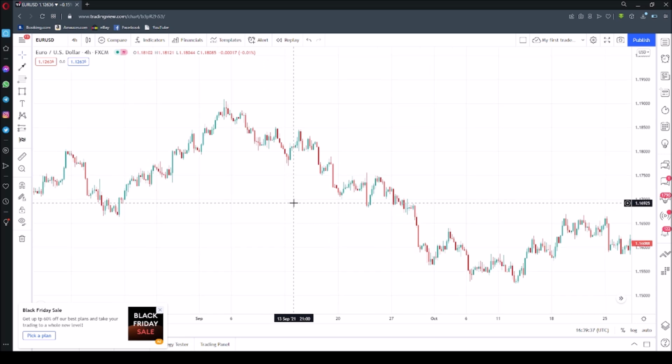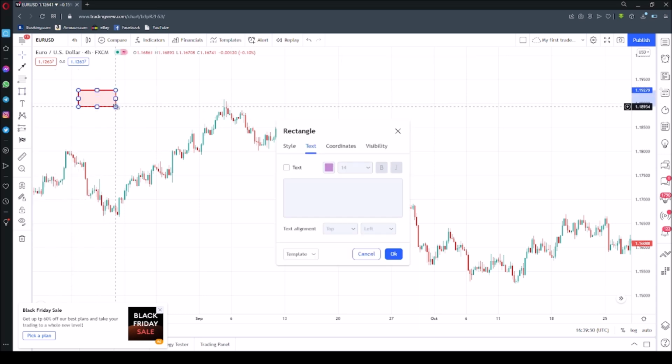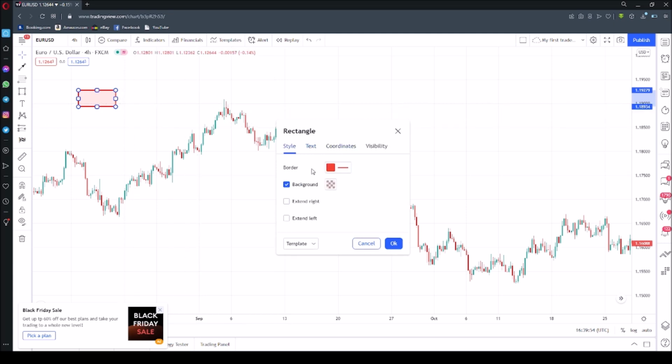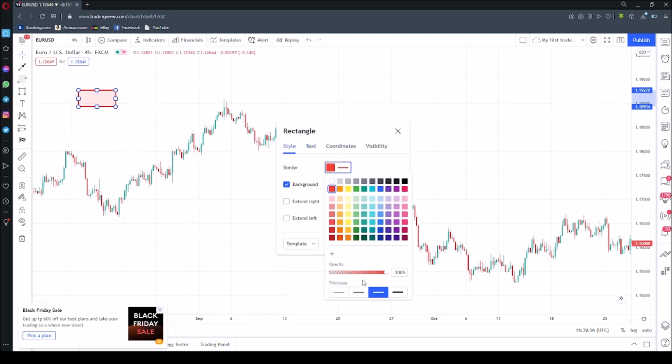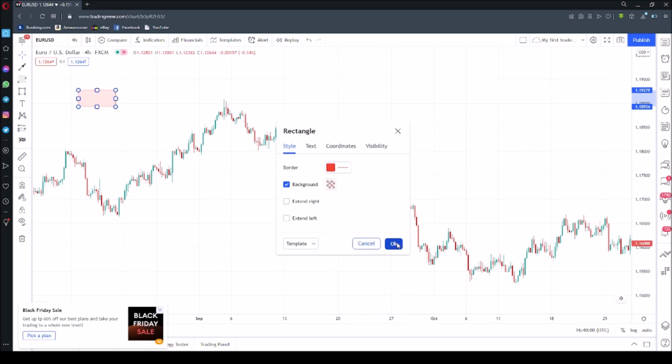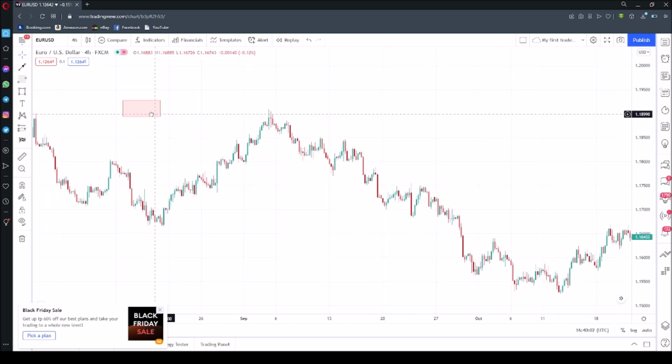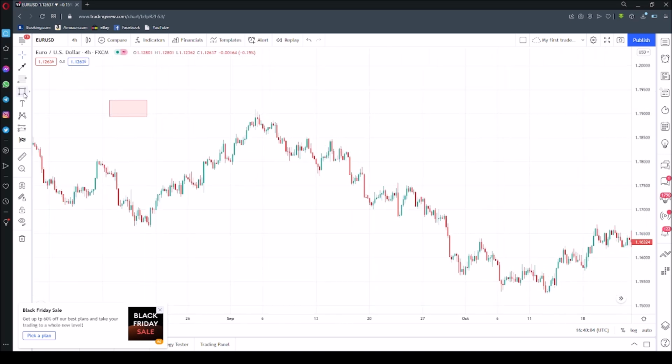Right, so this is euro against dollar, and as we have said, order blocks occur at the rally tops and rally bottoms. So in this particular video, as I have emphasized, we are not going to talk about how to trade using order blocks, but we are going to just show what order blocks are.